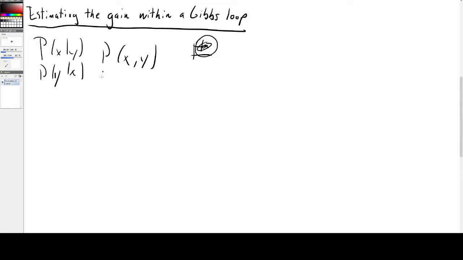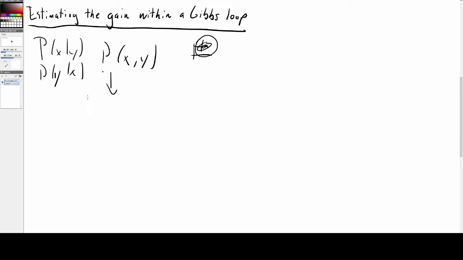But the astute video watcher might have an objection here, which is that the reason we went into Gibbs sampling in the first place is that these are distributions that we can sample from and that we know, whereas this thing we don't really know how to sample from. And that is generally true.